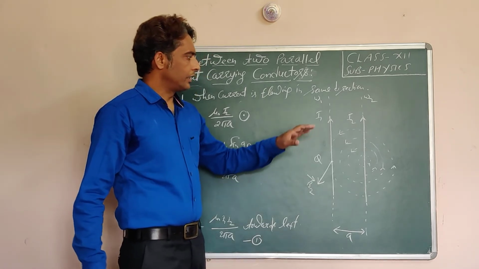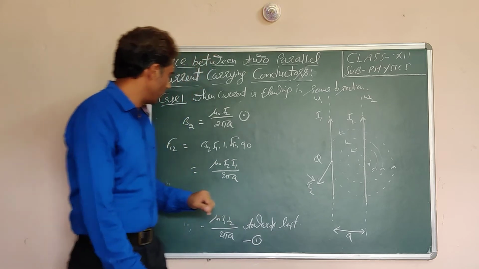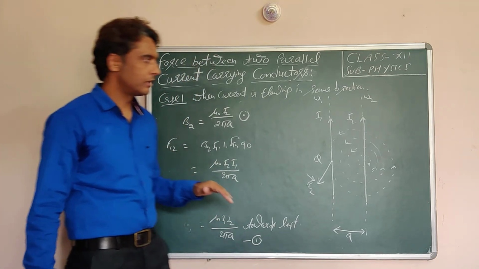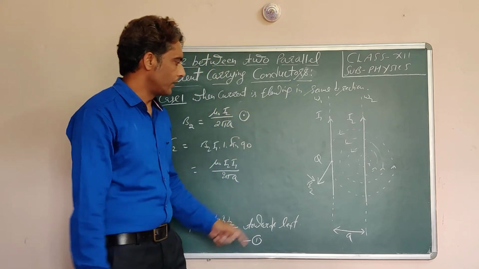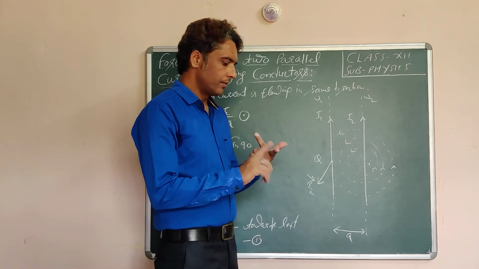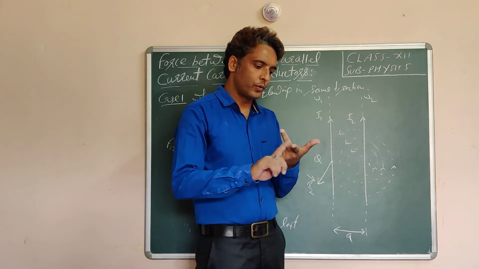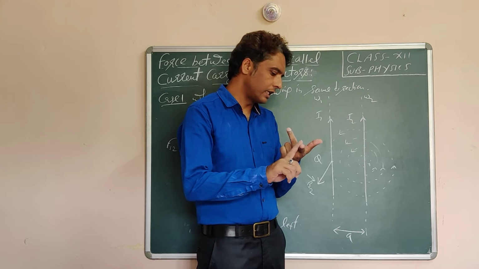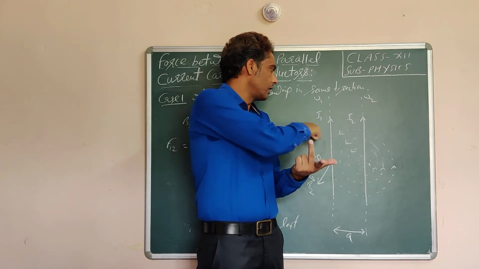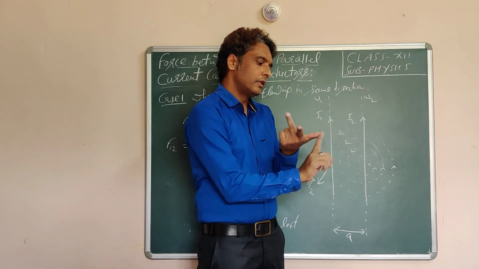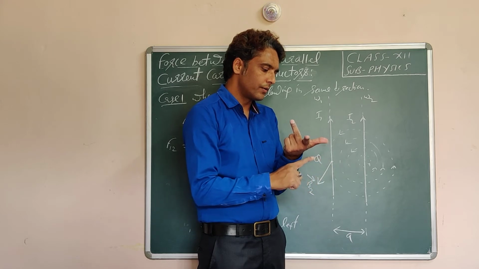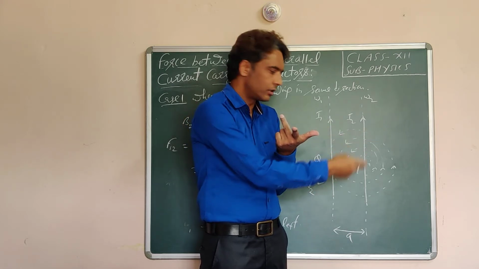Now again, the direction of force F12 is given by Fleming's left hand rule. If we apply Fleming's left hand rule here, then this finger points in the direction of magnetic field, that is B2. This finger points in the direction of current I1. Then the thumb represents the direction of force. So here force is directed toward right.